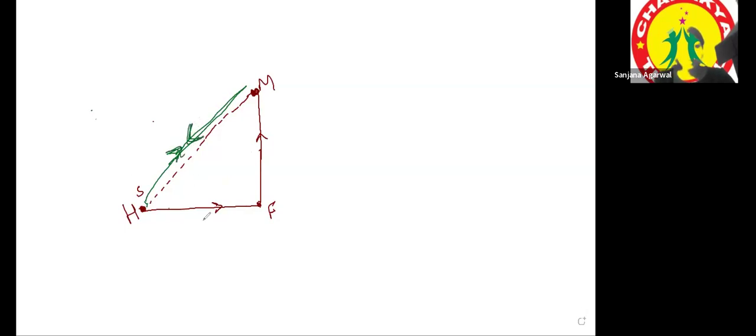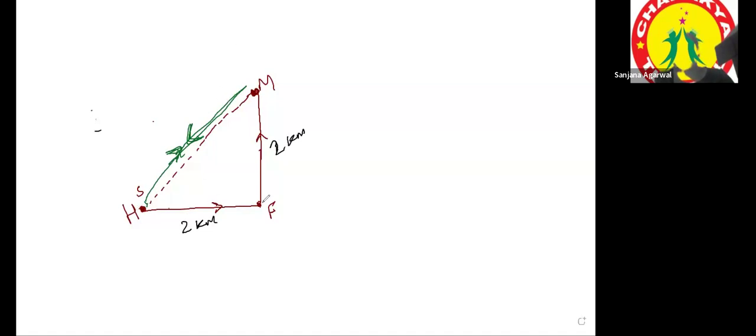Now, let's say the distance to my friend's place is 2 kilometers. This is also 2 equal distance, and from this to this we will find it out.